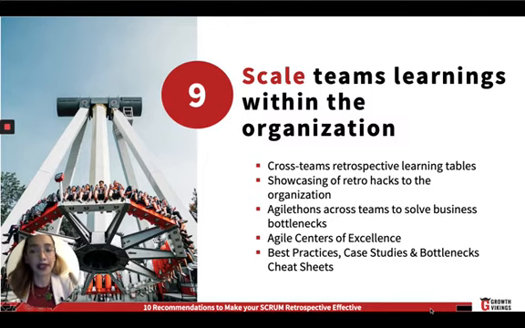These are only some ideas. The key thing is to ideate how to scale your team learnings within the organization.